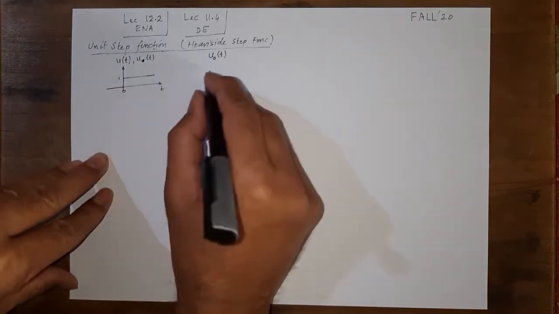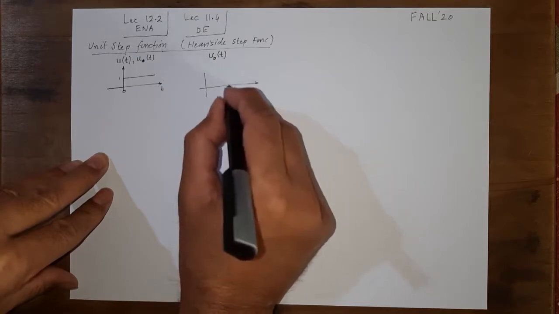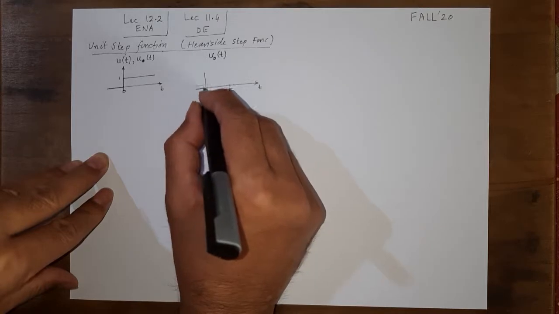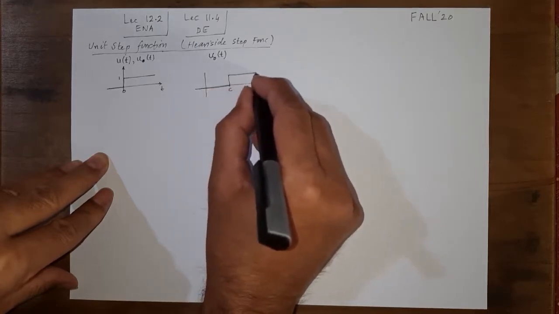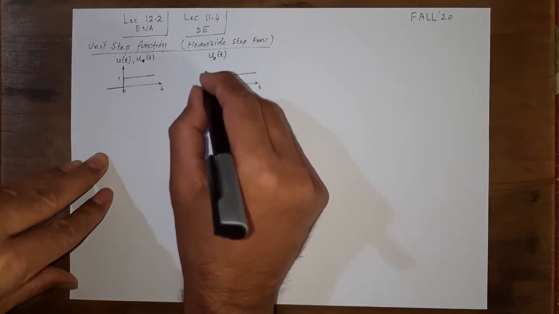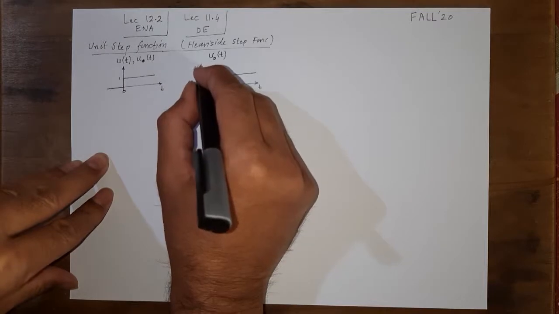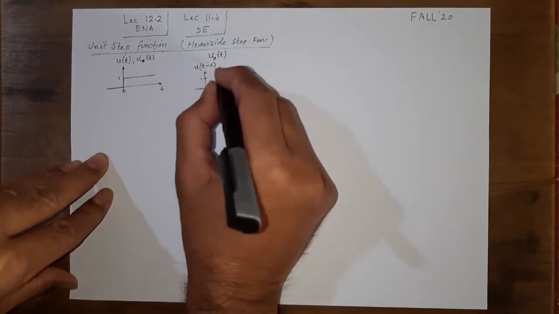If we shift this unit step function to some value c of time, then it is 0 up till c, and then it becomes 1 suddenly. In this notation, it will be a shifted version of u(t), written as u(t minus c).